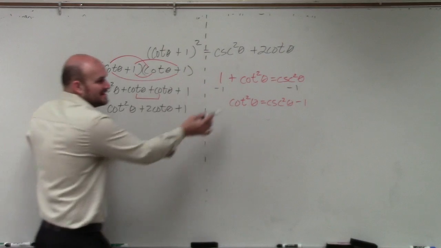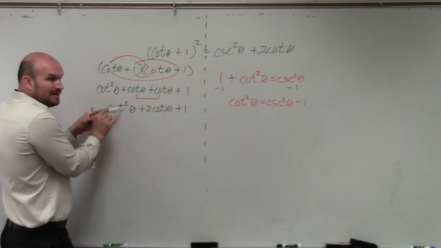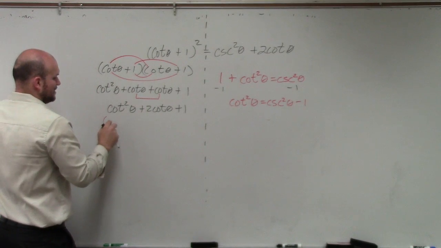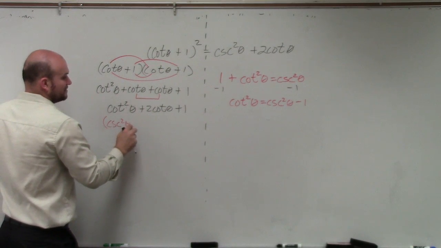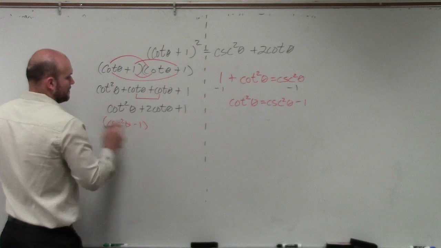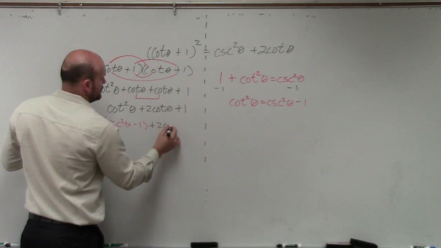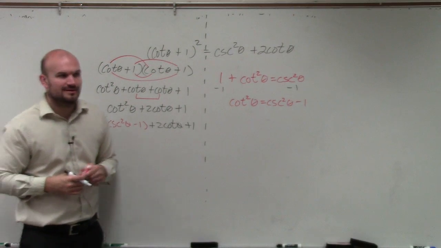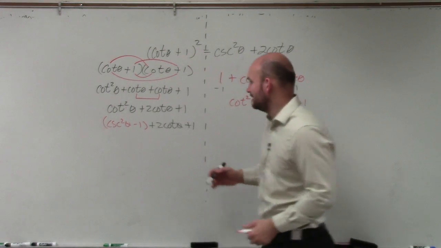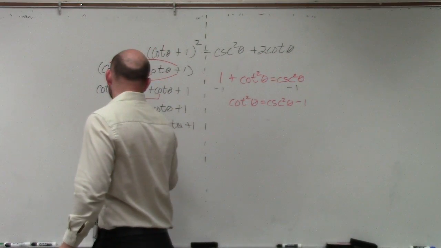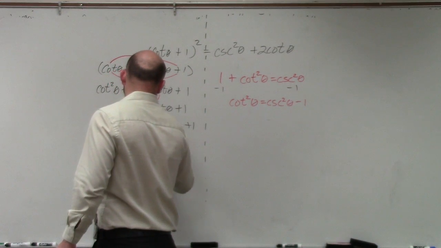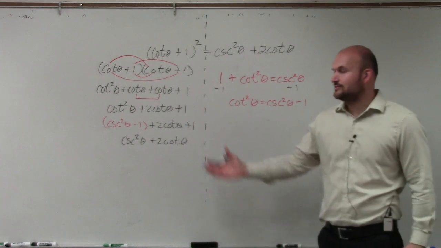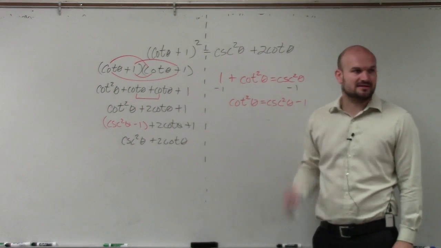Since I know cotangent squared is equal to that, why don't I replace it so then I'll have a cosecant squared of theta minus 1, and then plus 2 cotangent theta plus 1. Now the 1's add to 0, and I'm left with this. Do you guys now see how the left side is exactly the same as the right side?